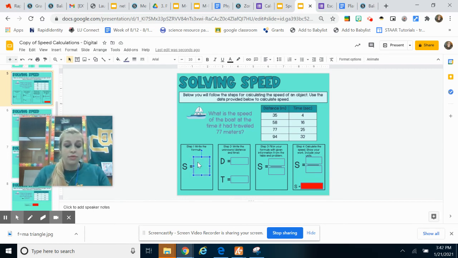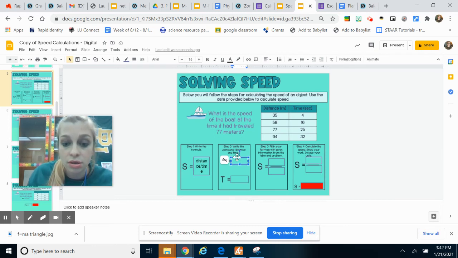Step 1, write the formula. Speed equals distance divided by time. Step 2, write the unknowns, distance and time. Okay. So at 77 meters, that's our distance. Our time is 25 seconds.